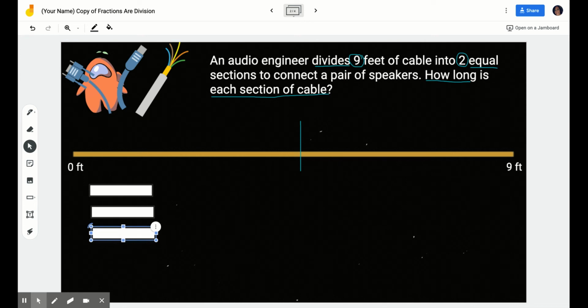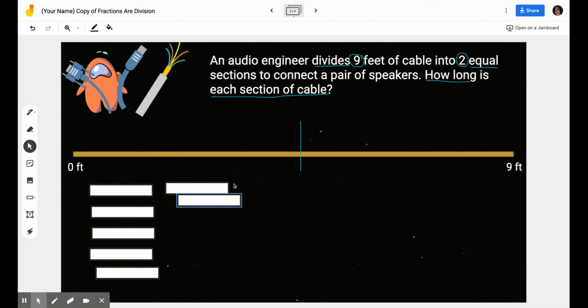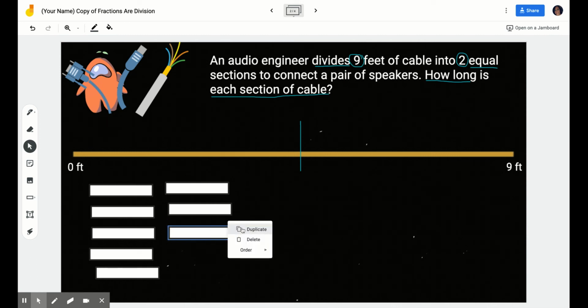Okay. So I'm going to go ahead and get all 9 feet together here. Didn't really have a way to do this ahead of time. I apologize. Okay, so we have 6, 7, 8, and 9.